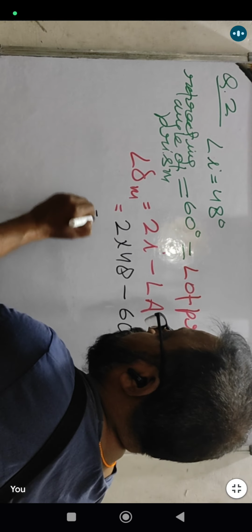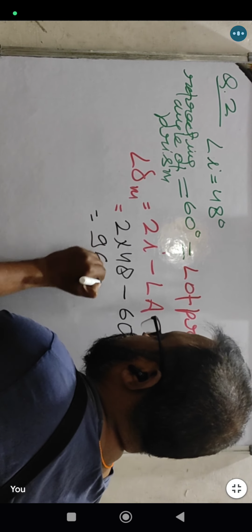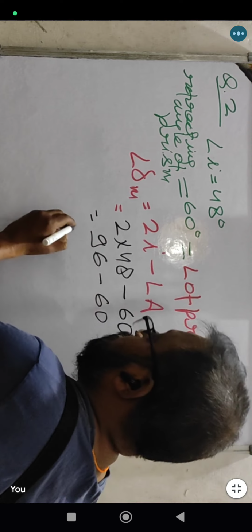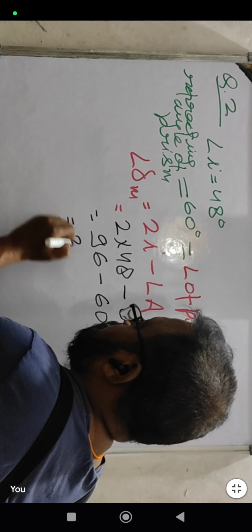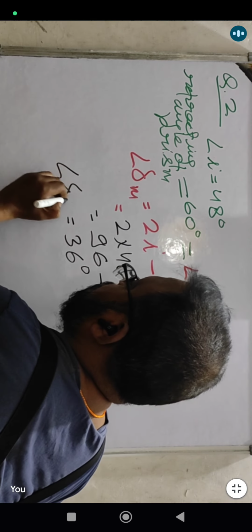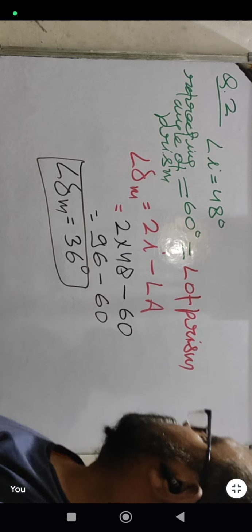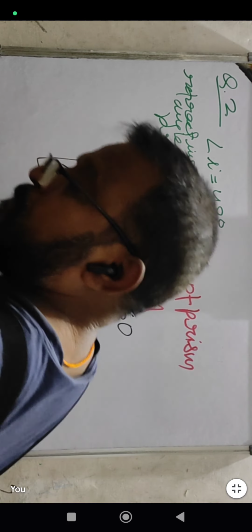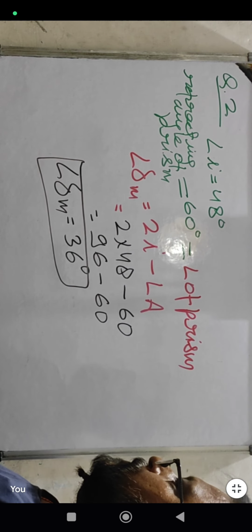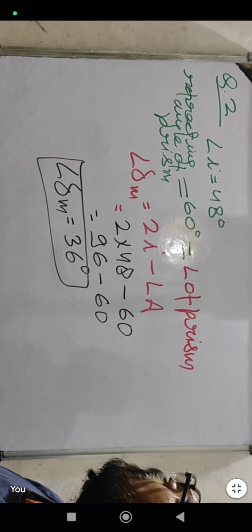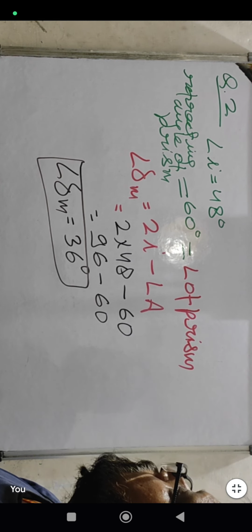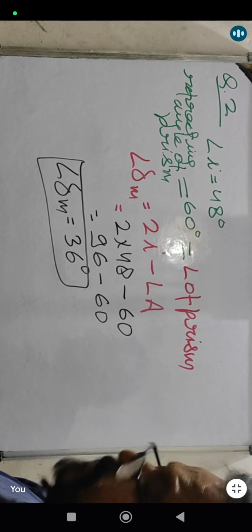So it becomes 96 minus 60, it becomes 36 degree. So the angle of minimum deviation is 36 degree. Done. You have done this.